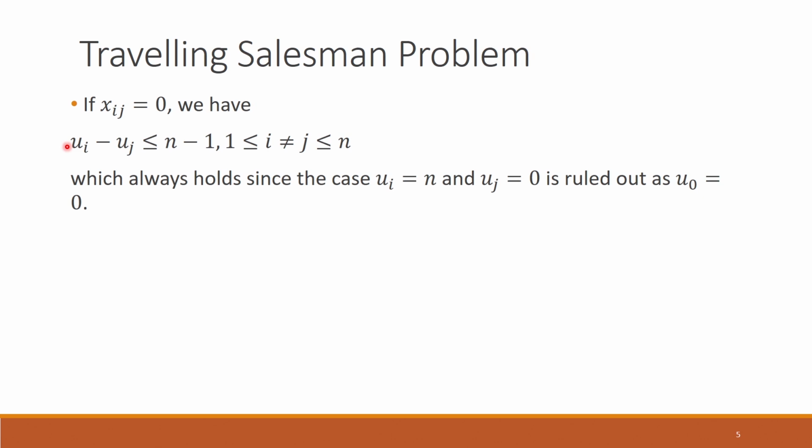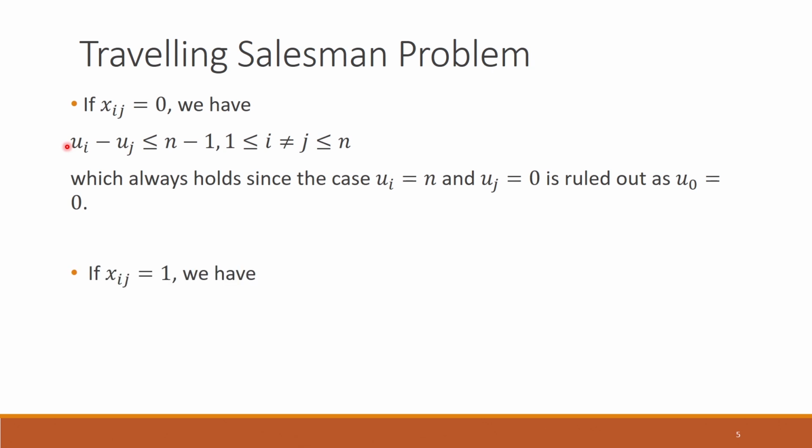So, the difference ui minus uj will never exceed n minus 1. Therefore, if you select u values the way we propose, that for node 0 you set u equal to 0, and if node i is the tth node visited in the given tour you set ui equal to t, then the constraint will be satisfied if xij is equal to 0, that is, if there is no edge selected from node i to node j.